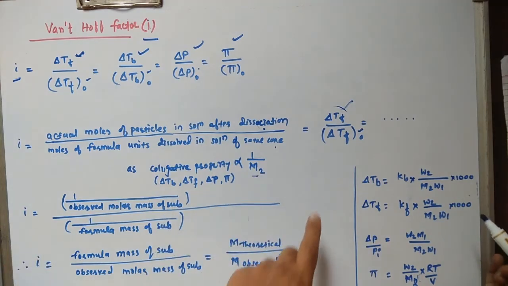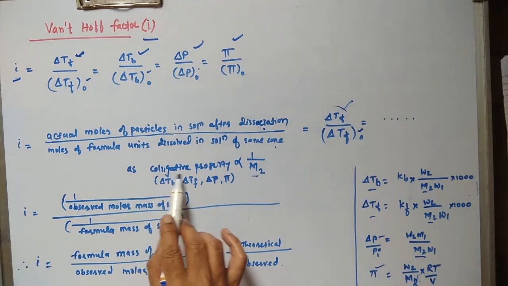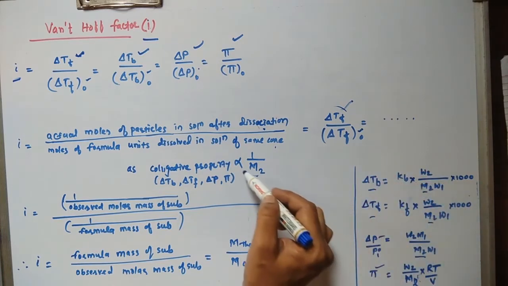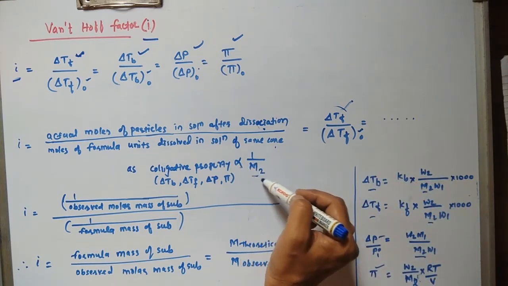In the relations we derived previously, these colligative properties are inversely proportional to the molar mass, the molecular mass of the solute.